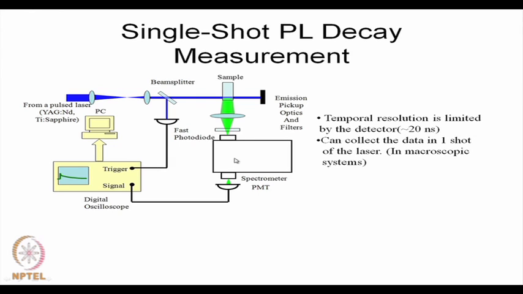At one wavelength the decay profile may be different from another wavelength, and from that some complicated reactions or schemes can be probed. That's a typical diagram for single shot photoluminescence decay measurement.